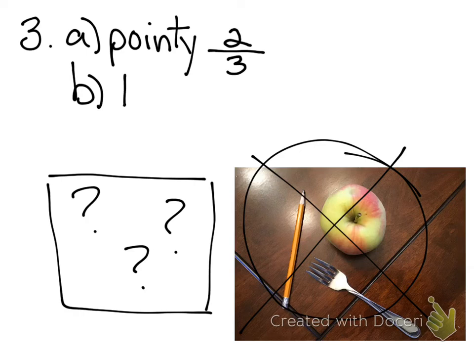How many of these items are toys? None. A fork is not a toy, pencil's not a toy, and apple's not a toy. So 0 of my items are toys. How many items do I have altogether? 1, 2, 3. So 3 should be the bottom number.